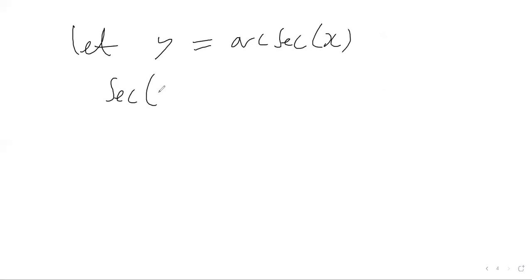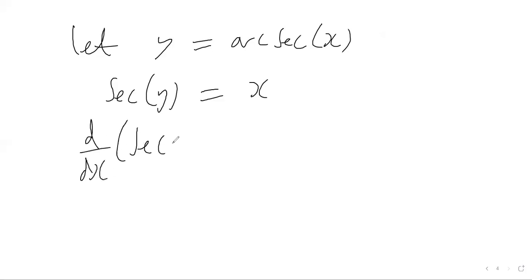If we let y be equal to arcsec of x, again using the same process we've always used with these kinds of derivatives, we apply sec to both sides. We get sec y equals x. Differentiate both sides with respect to x.